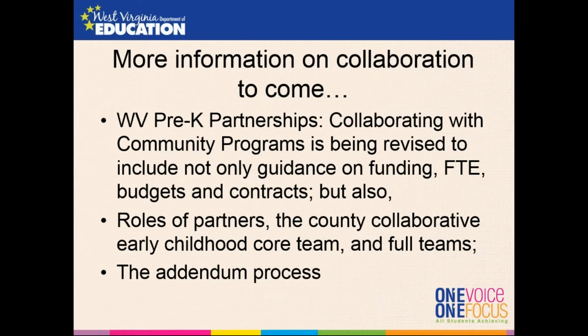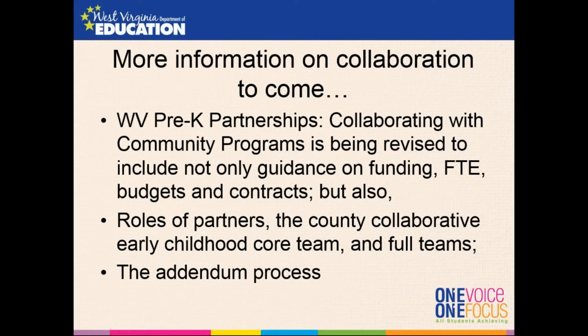More information on collaboration will be coming. All the budget worksheet and the instructions have been inserted in a revised document. Right now, when you pull up the Collaborative Partners page, you will see West Virginia Pre-K Partnerships collaborating with community programs. It's being revised.